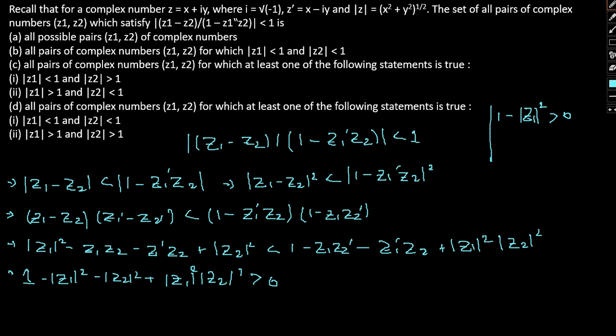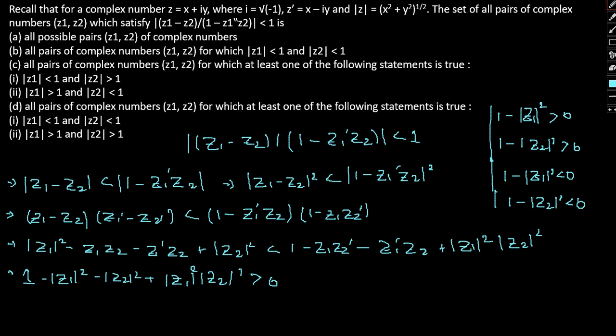So also we can write 1 minus z2 square again greater than 0. I'm just taking the conditions. Okay, we can write it that way, or another condition would be 1 minus z1 square less than 0 and 1 minus z2 square again will be less than 0. So these are the four conditions we have, we can assess from there.